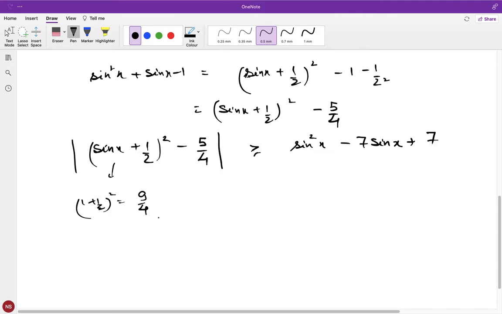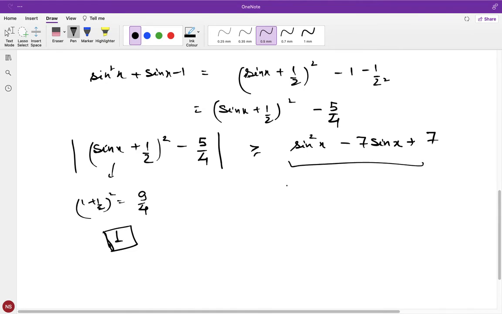So this becomes 9/4 minus 5/4, 1. The maximum value this whole expression can take is 1. Right? If sin is 0, then this becomes 1/4 minus 5/4, so minus 1. If sin is half, then it becomes 1 minus 5/4, minus 1/4. Maximum value happens only when sin x equals 1, and this is the maximum value, 1.